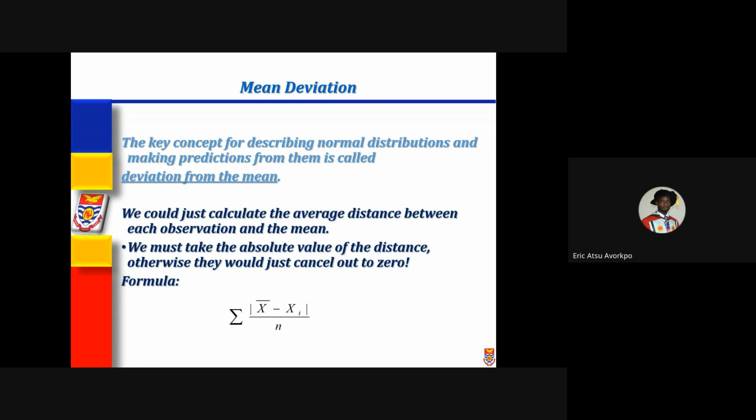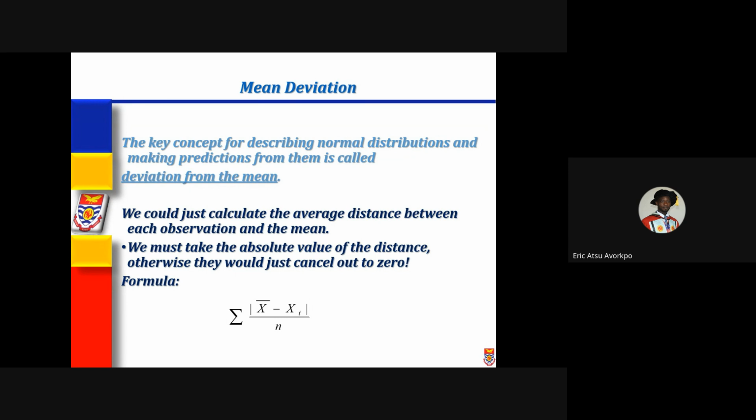We call it the mean deviation, or the deviation from the mean: how far apart each observation is from the mean. We would just calculate the average distance of each observation. We must take the absolute value of the distance, otherwise they would just cancel out to 0.